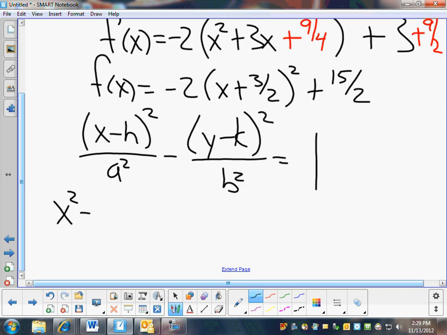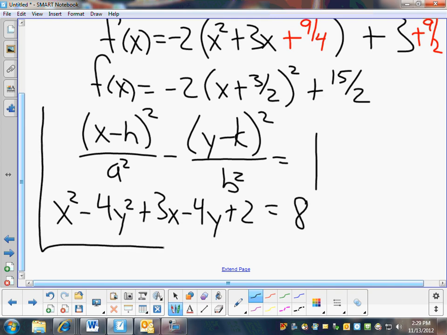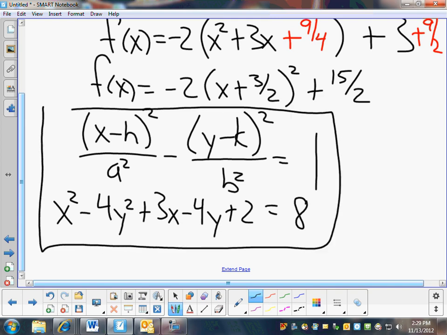X squared minus 4y squared plus 3x minus 4y plus 2 is equal to 8. So here's my point. You have to complete the square twice there. And that's more the method that we use to complete the square as opposed to the first example I showed you. So, like I said, I see where we're going. That's a method that I would encourage you to use. But you do whatever you want.